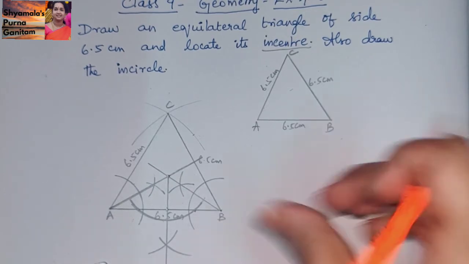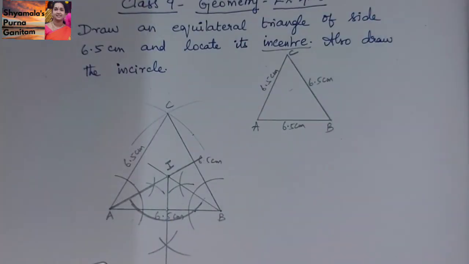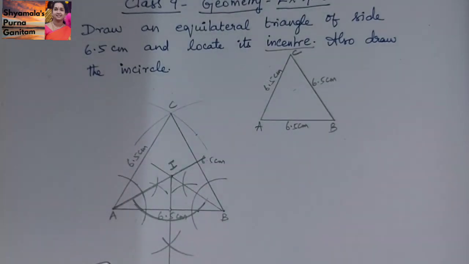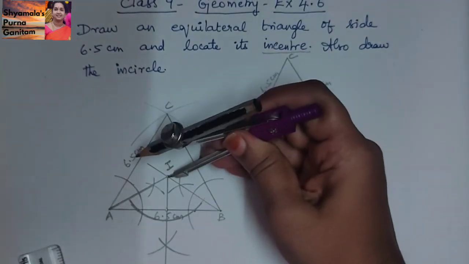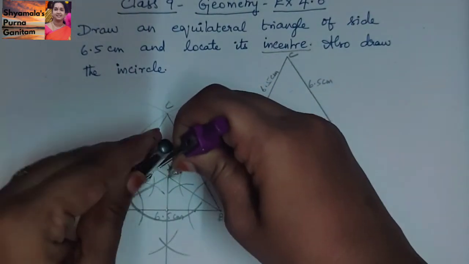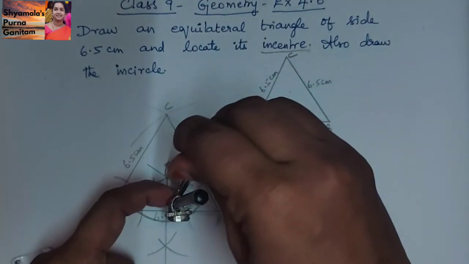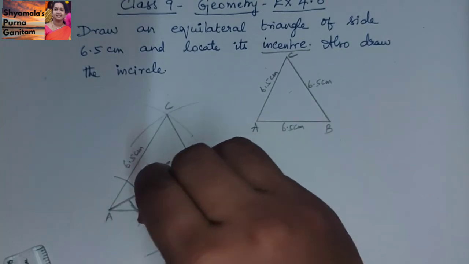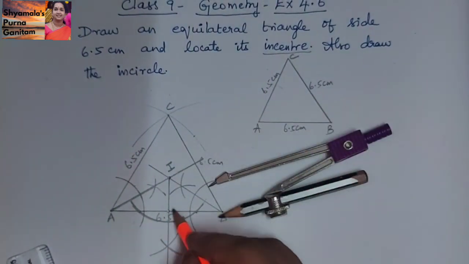Now I will mark that incenter as I. With I as center and ID as radius, where the perpendicular line meets AB, I will take it as D. That is this point.